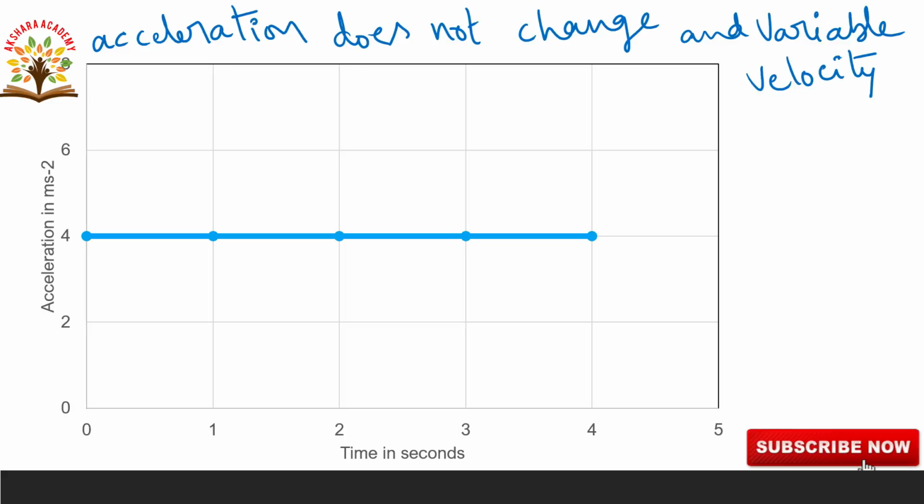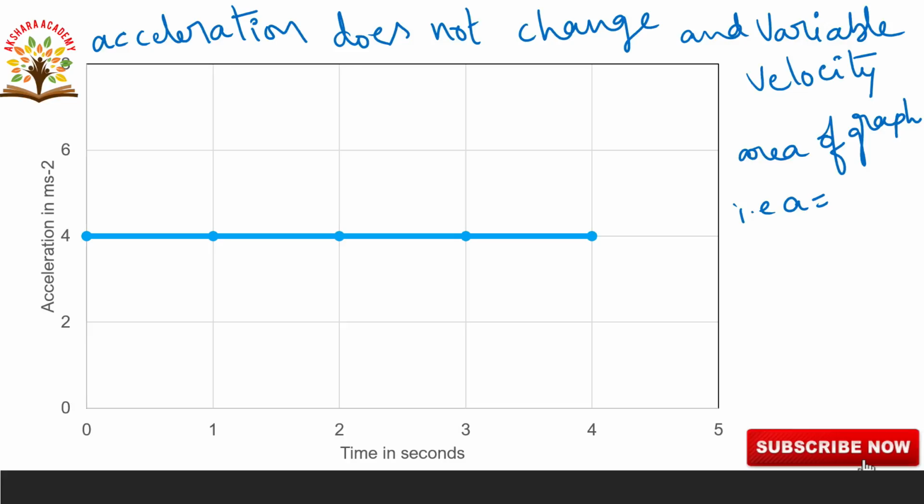The area of the graph gives velocity by using the formula acceleration into time. The area of the graph is acceleration into time, or acceleration is equal to change in velocity by time taken.